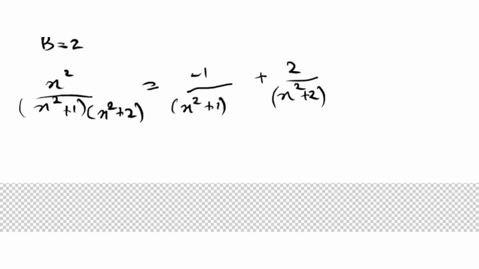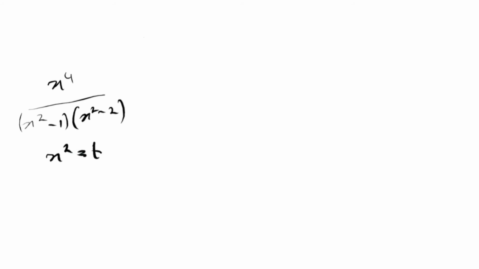Let's look into another example. Example 2: x to the power 4 over x squared plus 1 times x squared minus 2. Here too, you take x squared equals t and try to solve this.